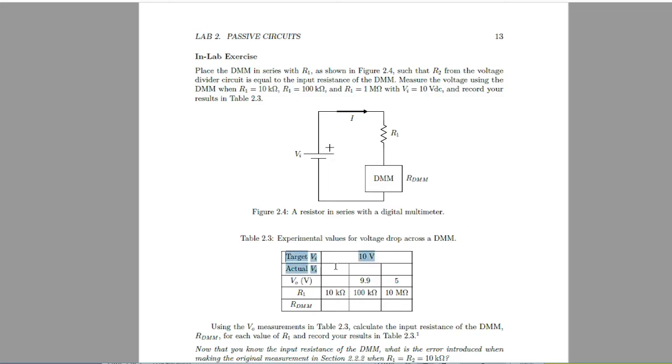So for this table, we're going to be using a basic voltage divider, but with a digital multimeter as the second resistor.